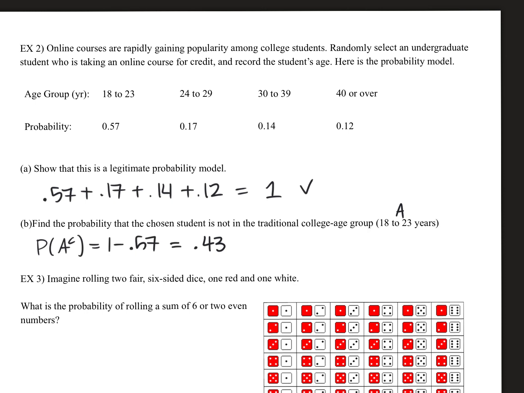That is the easiest way to do this problem. The second option is to add the other 3 together, 0.17 plus 0.14 plus 0.12, which still results in 0.43. Both of these are valid methods for finding the probability.